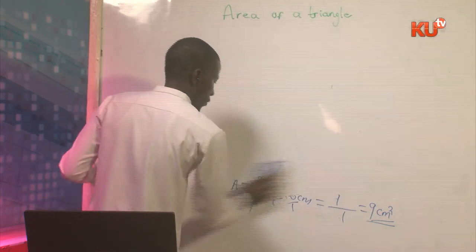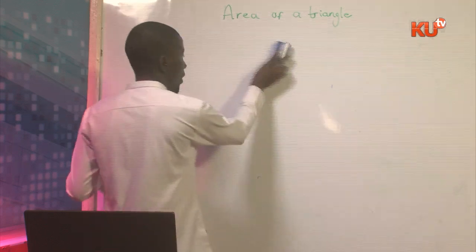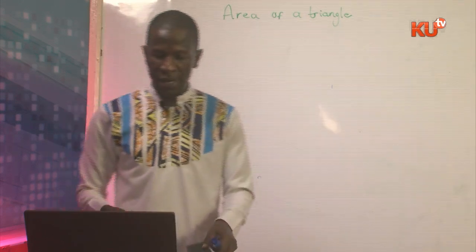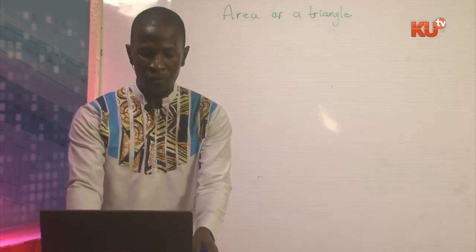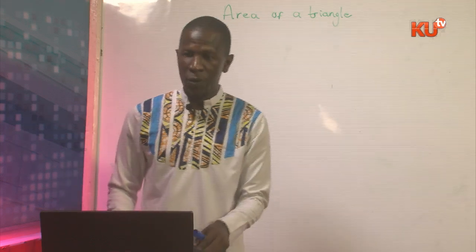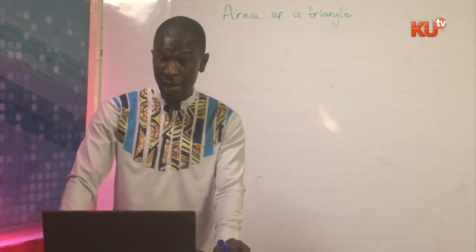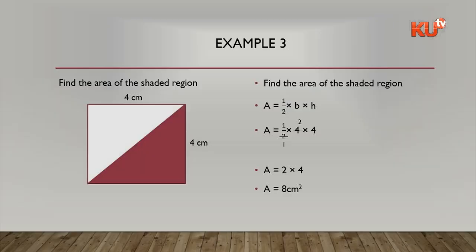Good. From your screen, I want to believe you can see our example 3 and we can read it together wherever you are. Example number 3, we can read it together. 1, 2, 3, let's go. Find the area of the shaded region.